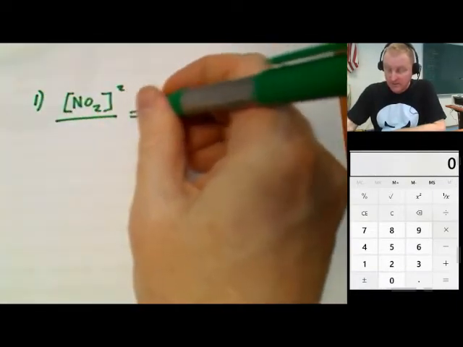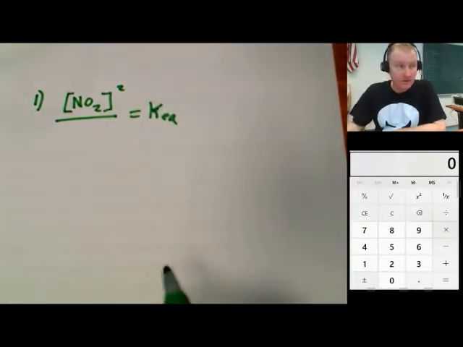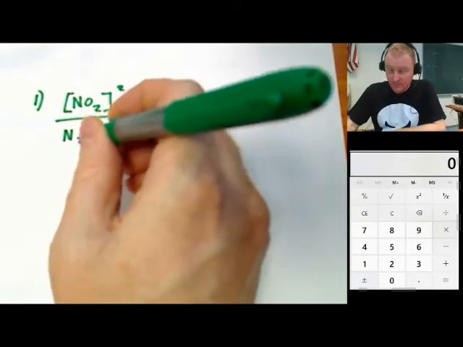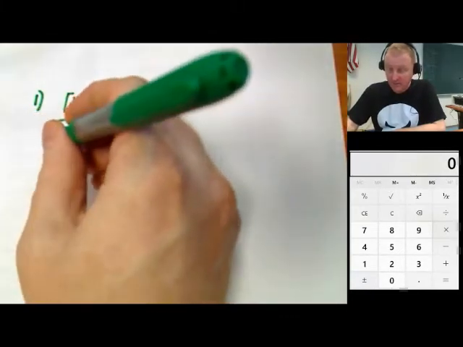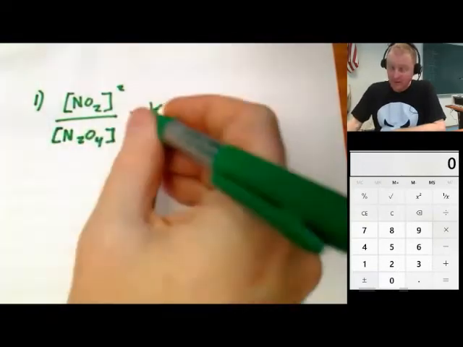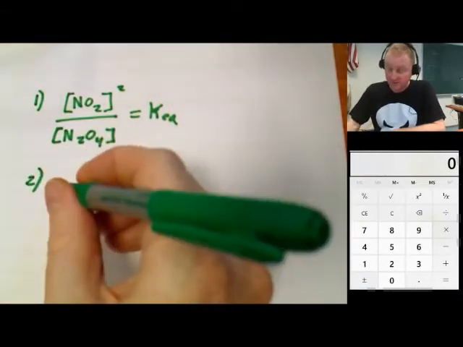By the way, this is your K eq. You should have written this on top, and then you'd write dinitrogen tetraoxide on the bottom. There was no coefficient for that, so you just leave it like this. I would normally probably put it the other way around, but that's okay.